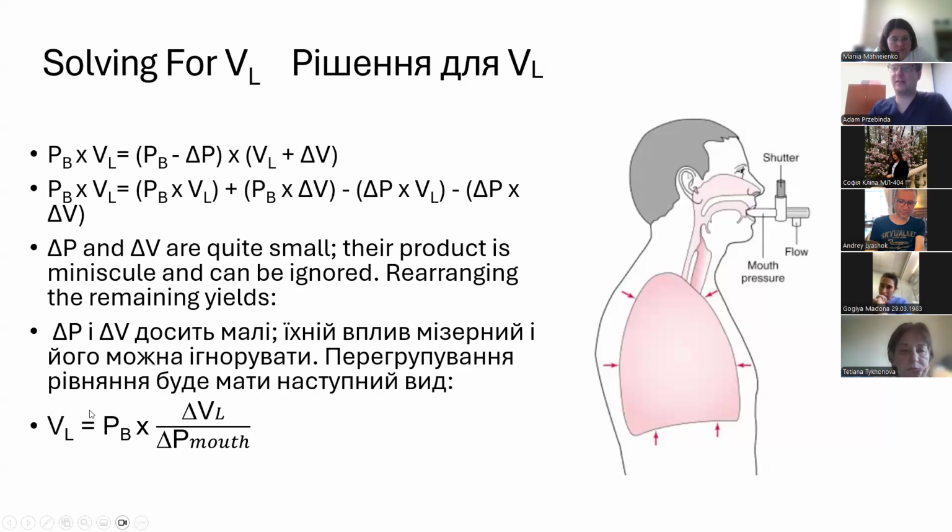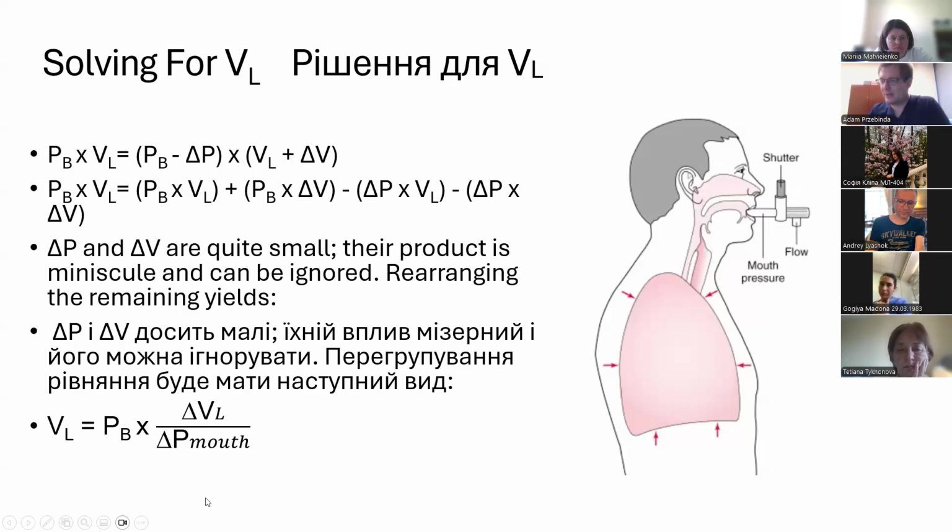So VL, and this is just simple algebra, so I don't show all the work, but take my word for it. If you just rearrange it and solve for VL, you will get at the end the barometric pressure multiplied by this change in volume of the lung divided by the change in pressure, this delta P. And this delta P really is the change in pressure at the lung, but because the patient is breathing against a shutter, the change in pressure at the lung is the same as the change in pressure at the mouth.